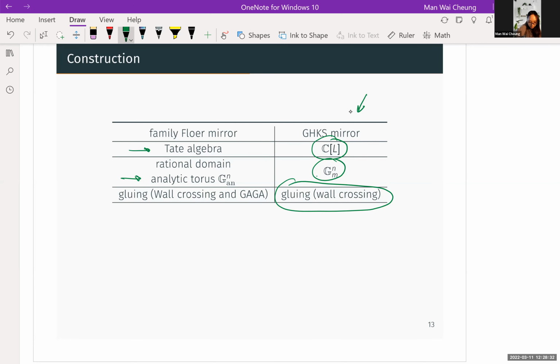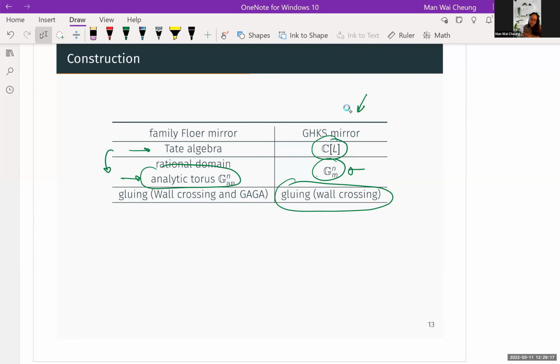Let me emphasize here, we usually say it as an analogy from the cluster story, but actually one of the big parts of the joint work with Yu-shen Lin is how to obtain this analytic torus. Because you can see here in the cluster theory, or the Gross-Hacking-Keel-Siebert mirror, we are associating the chamber with the algebraic torus. But if you think about it torically, it's not that, right? So in this case, we want to take the inverse of the tropicalization.